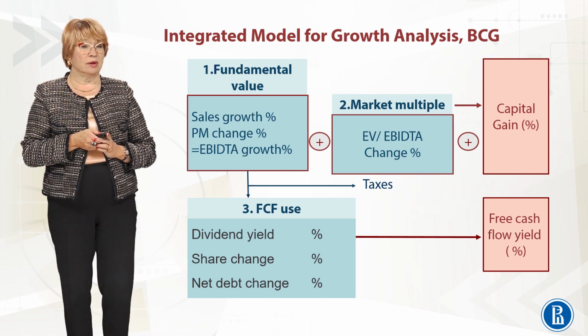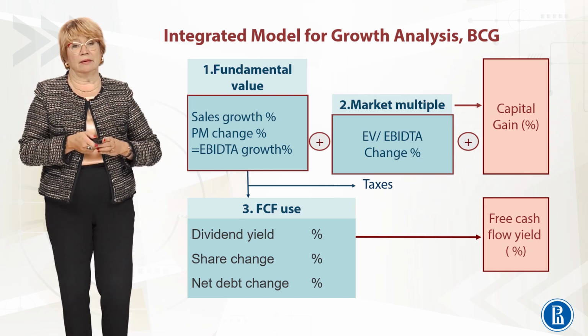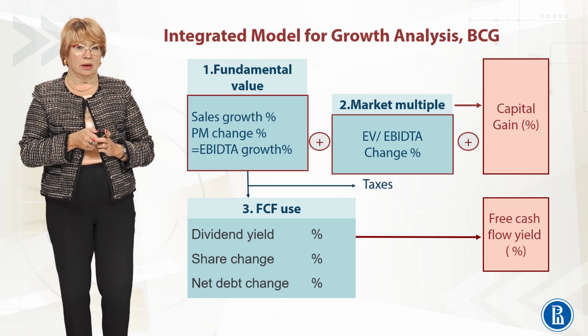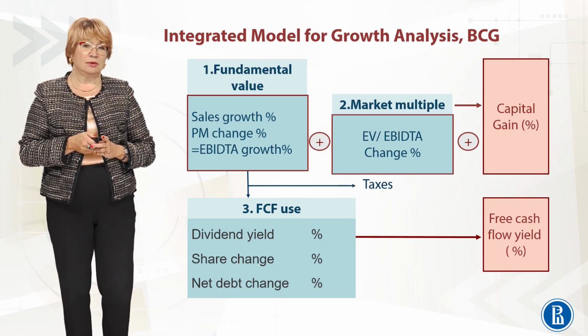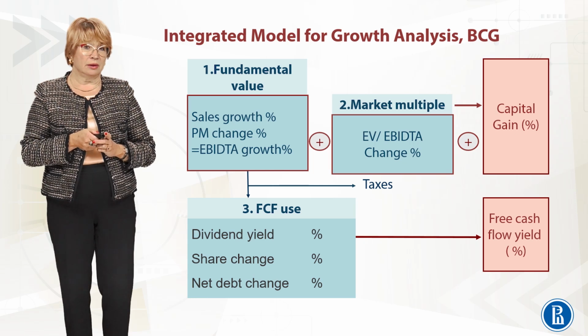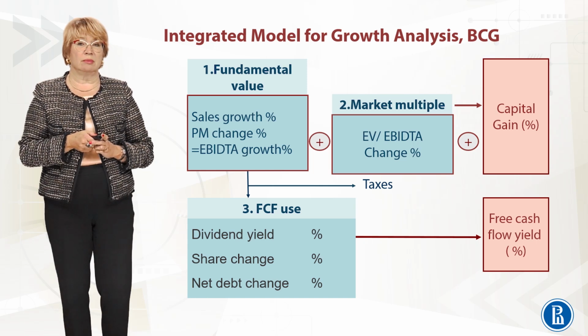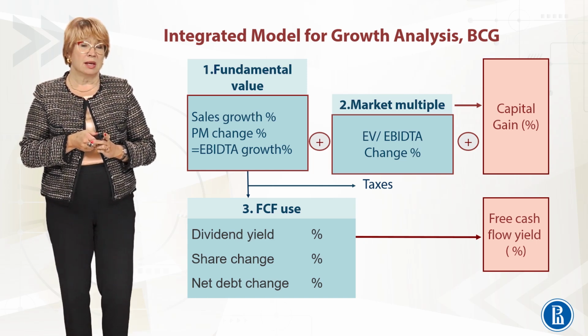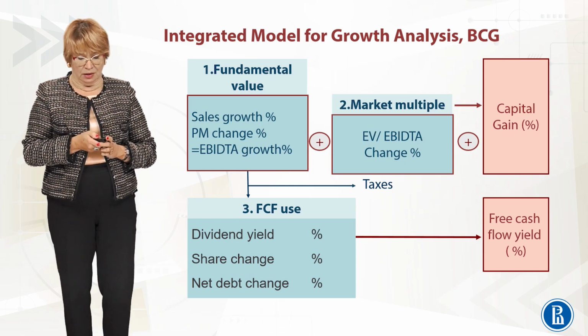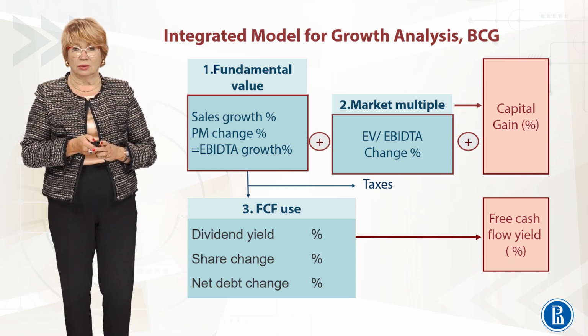So these three variables in block 3 in that logical picture will describe the free cash flow yield introduced by BCG in the model. And the market multiples, along with the fundamental value block of variables, are going to describe and forecast the capital gain change in percentage terms.